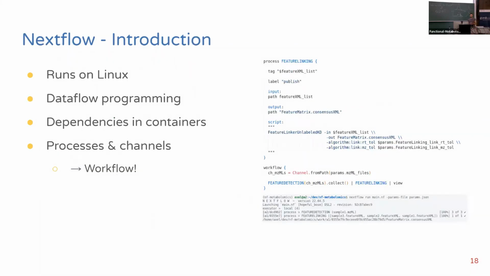Nextflow runs on Linux and only Linux, so you would need a server or a PC that does that, because Linux in the server world is slightly the standard nowadays. It follows the data flow programming paradigm, as we've seen before, and you can manage your dependencies easily in containers. And the unique thing about Nextflow is that it has processes and channels from which you will build your workflow.